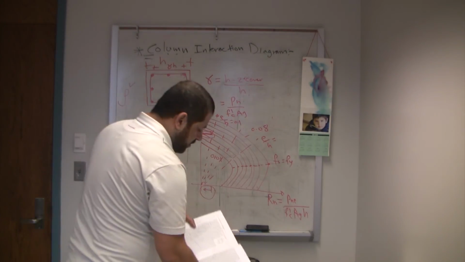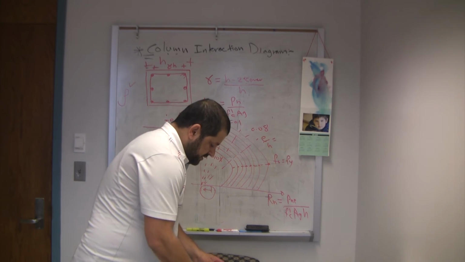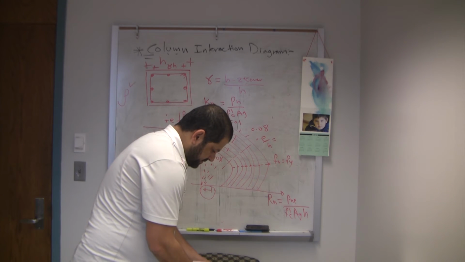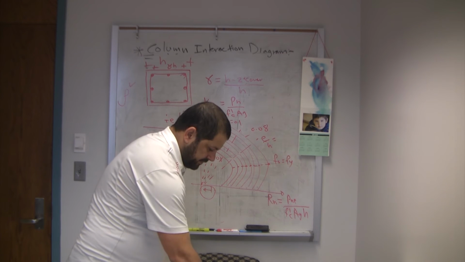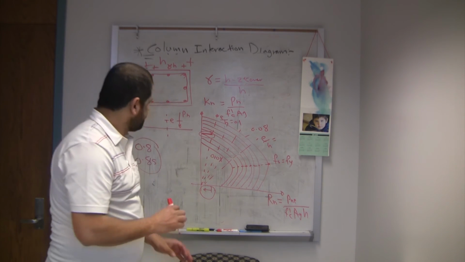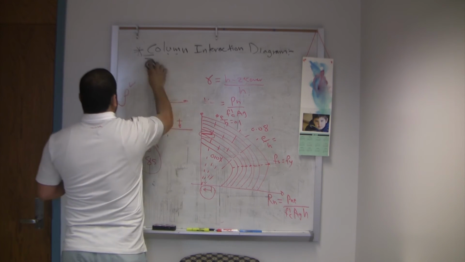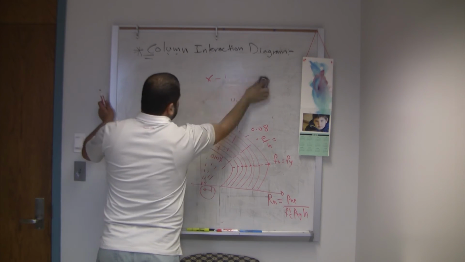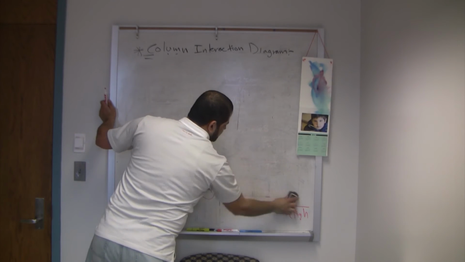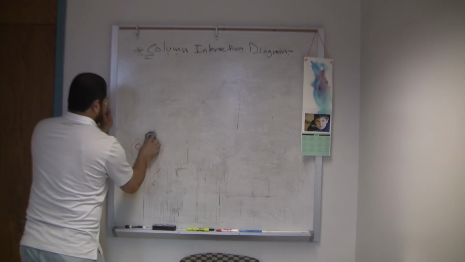So if we want to go over an example and see how we use the interaction diagram, I will ask you to calculate the nominal strength and the design strength for a given cross section.